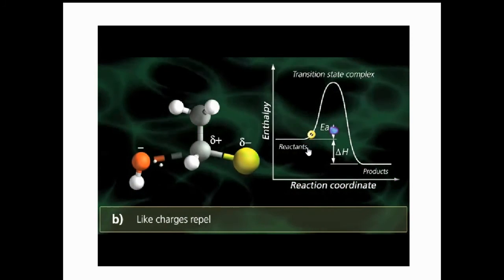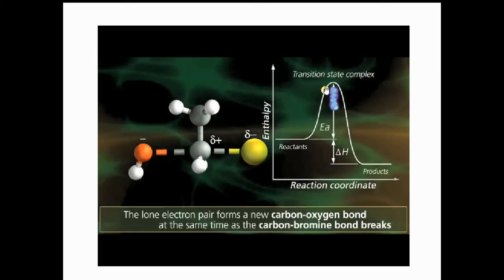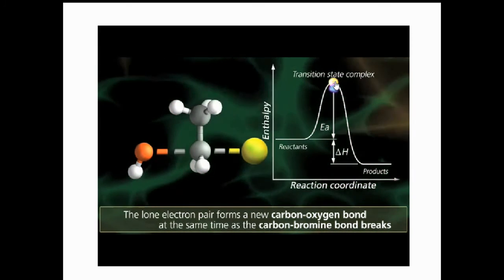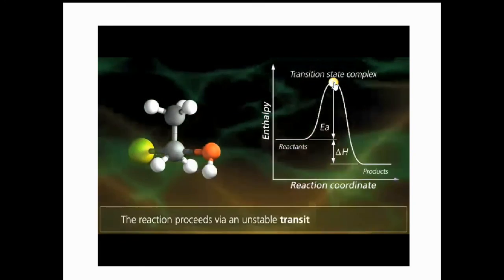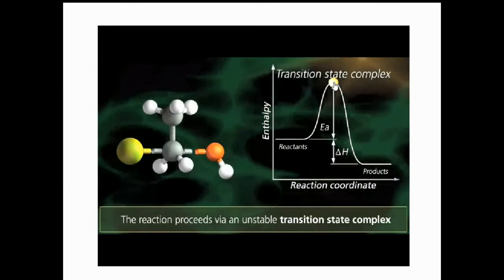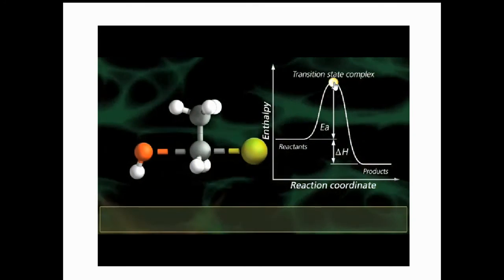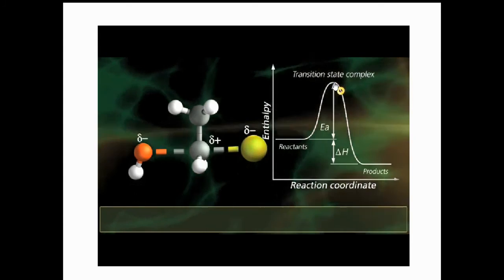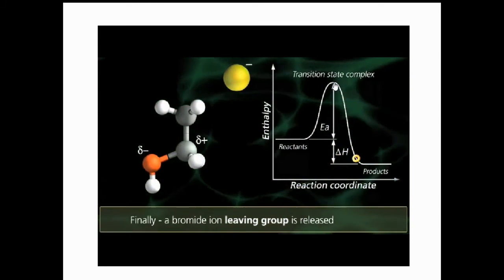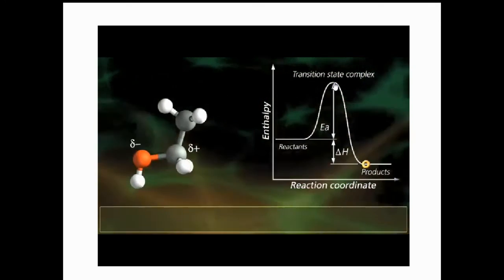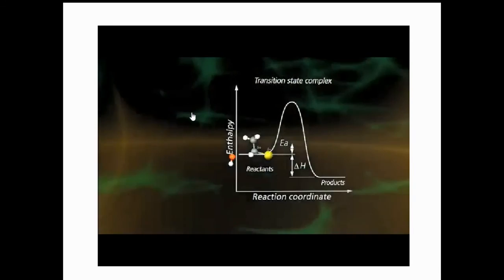Even in the energy profile diagram, you can see it is attaining an activation energy and it reaches this point where a transition state complex is formed. So bond making and bond breaking, you can see in the three-dimensional picture. Then after attainment of this transition state complex, slowly the bromide ion, that is the leaving group, is released and then the final sigma bond is formed between the oxygen and the carbon.